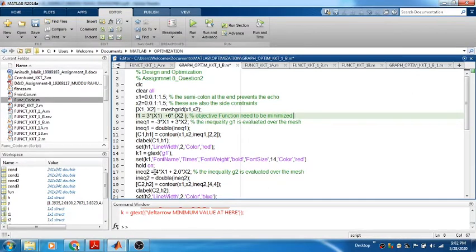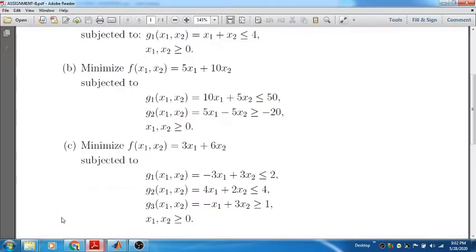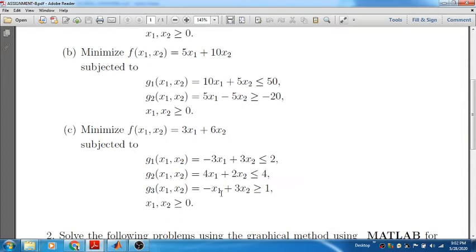So now the code here says this one, the second constraint, less than or equal to 4. Remember, the third one is minus x1 plus 3x2, which is greater than or equal to 1. So we have to make it less than or equal to 1. How? If I multiply by a negative sign, the inequality direction changes, so it becomes plus x1 minus 3x2 less than or equal to minus 1.